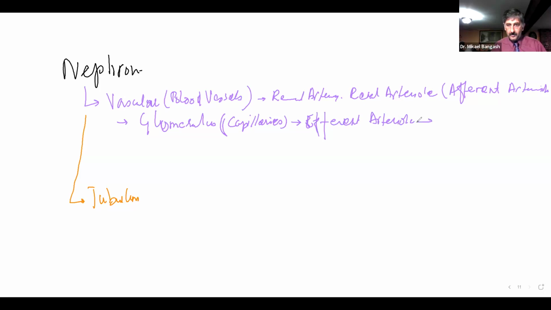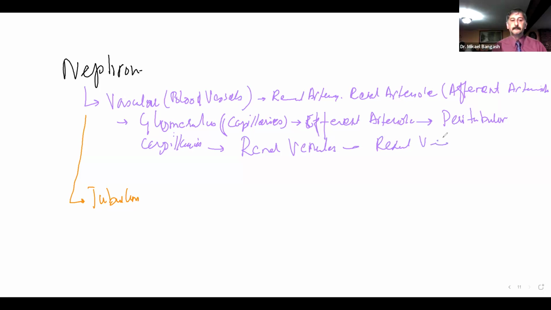Which then will lead on to what we'll call the peritubular capillaries. Which then will become the renal venules, and then become the renal veins.